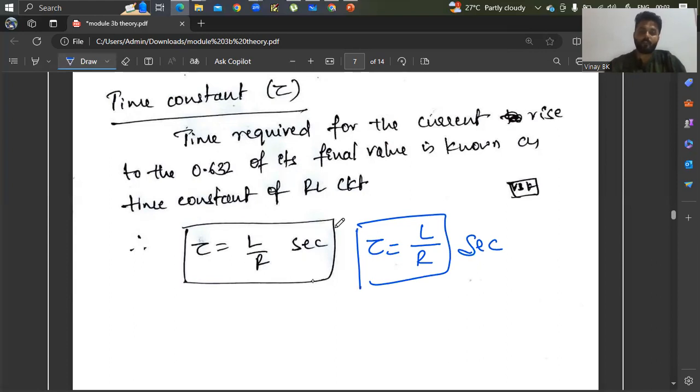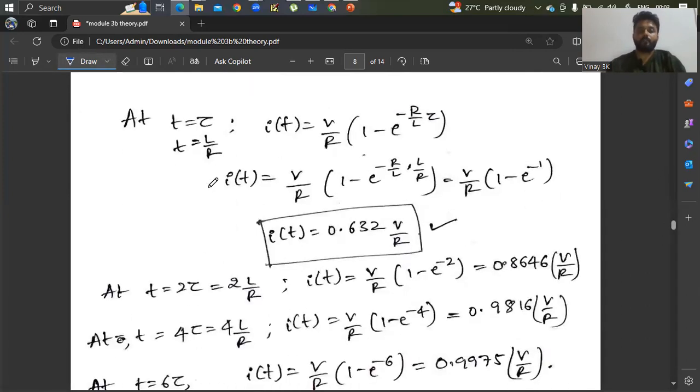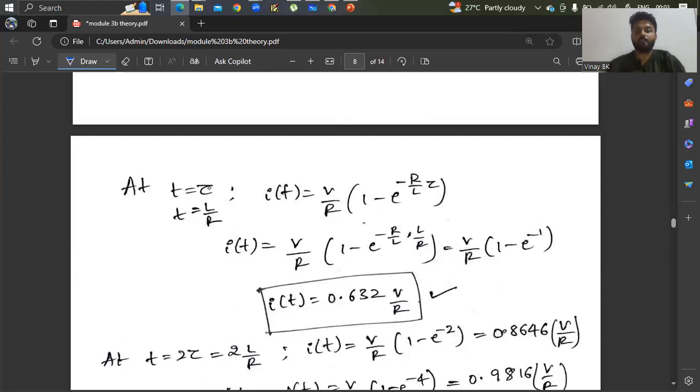So for this time constant, we know that I of t is given by v by r into 1 minus e to the power minus r divided by L into t. Here you substitute t equals tau, so v by r into 1 minus e to the power minus r by L into tau.